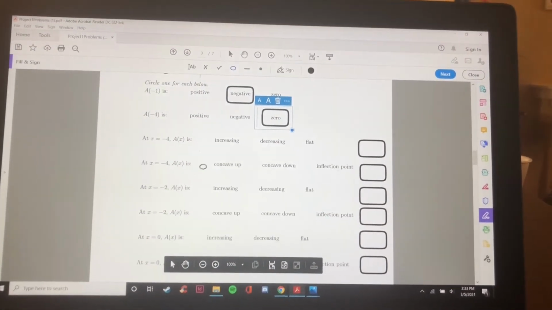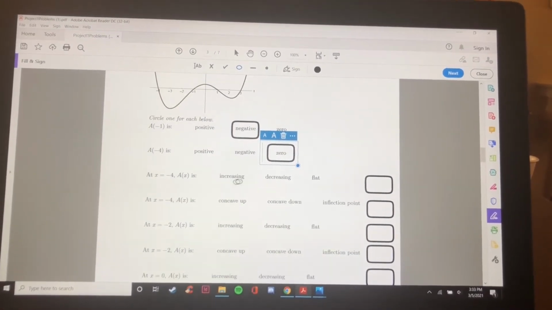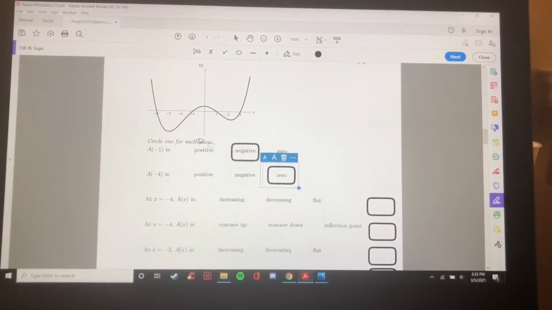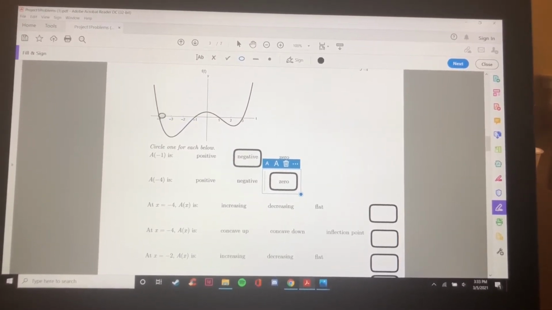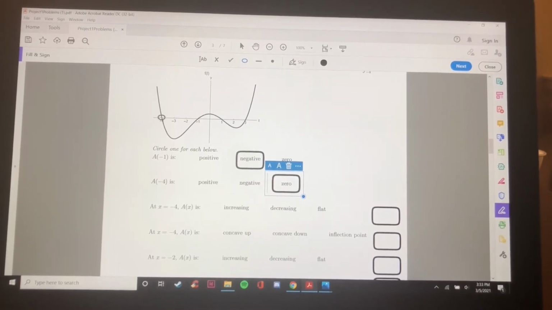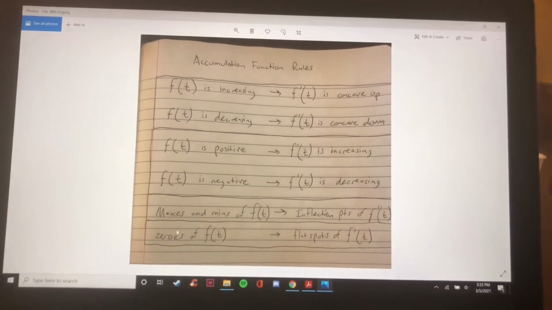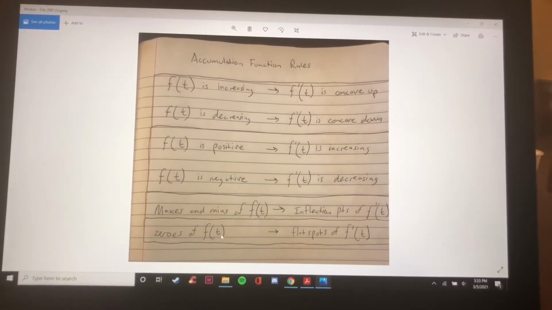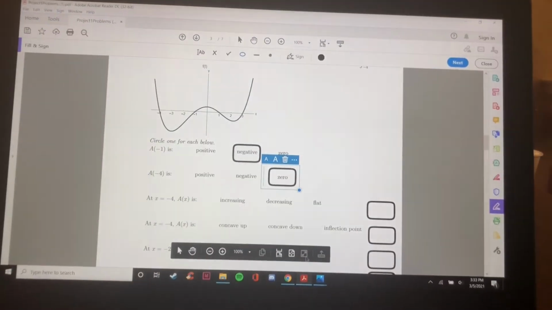For example, if you look at x equals -4, is it increasing, decreasing, or flat? Well, you can see here, that's a 0 of the original f of t equation. And as we know, zeros of our original function are flat spots of our accumulation function.